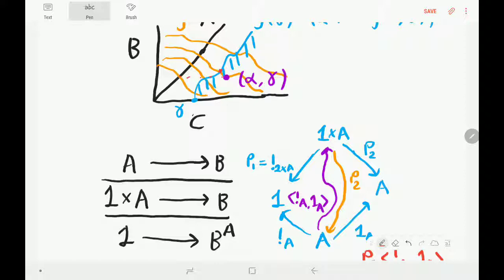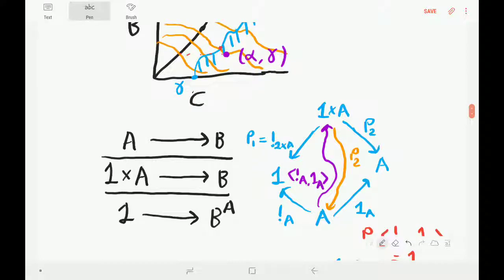Okay, so let's just make sure we understand that. So how do we construct an isomorphism between these things?